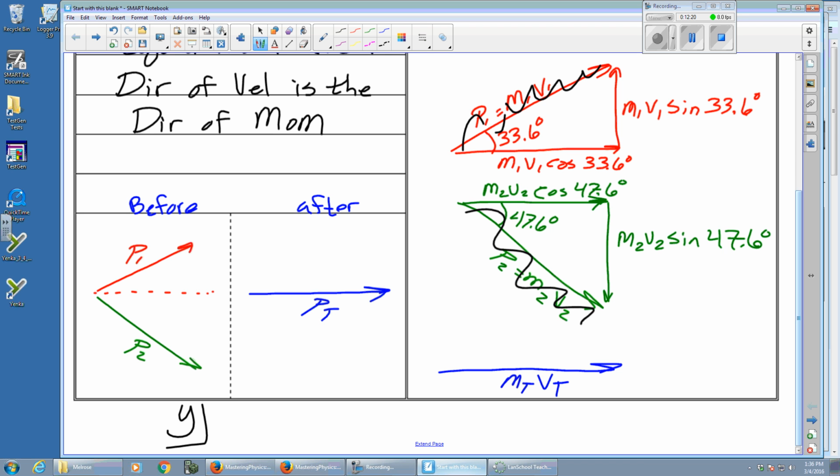So the momentum before the collision would be positive m1 v1 sine 33.6, plus negative, so that's minus m2 v2 sine 47.6 degrees. And that's going to equal 0.